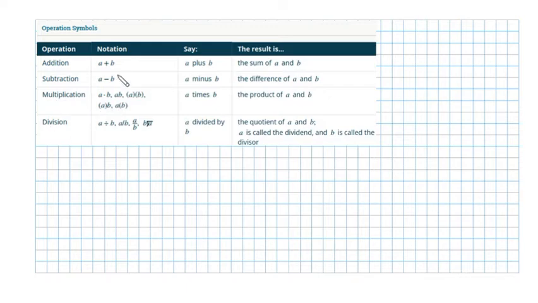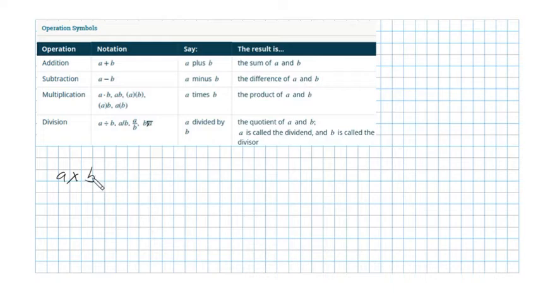The symbols we use for addition and subtraction, well, you are most likely very familiar with them. Multiplication, you are probably used to the times sign, which is a little x. So we might say a times b. But the problem with that is that this x looks like x, and so it can cause confusion.